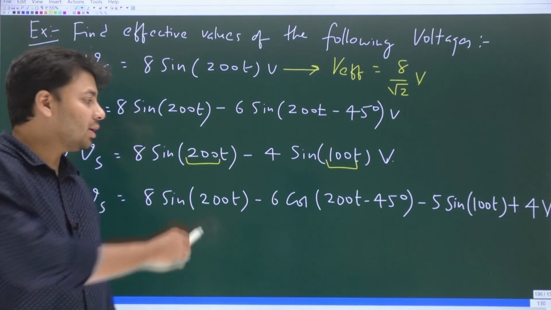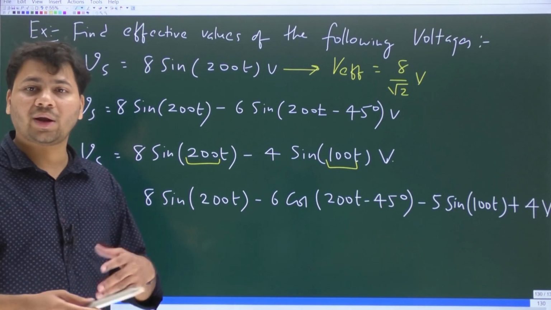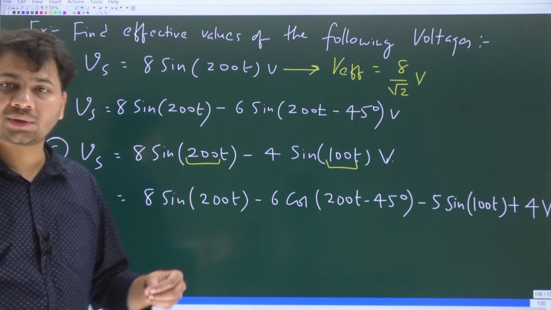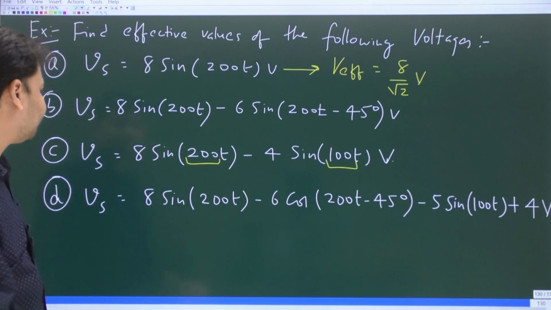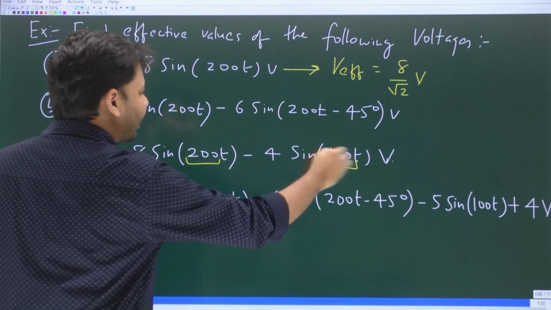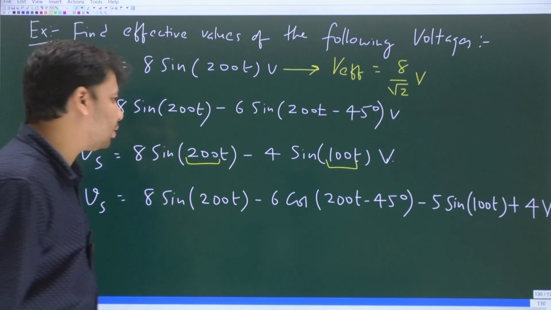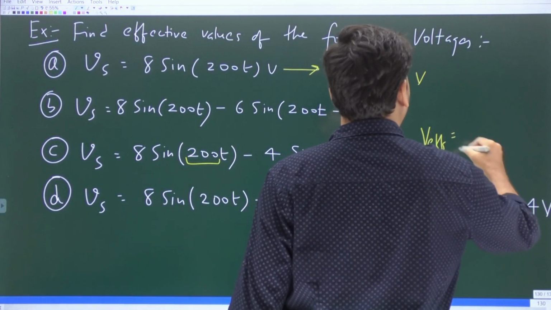In that case, these two voltage components are orthogonal, in which case you can find the individual RMS values, square them, add them, then take square root. So for the first term the RMS value would be 8 by root 2. For the second term the RMS value will be 4 by root 2.